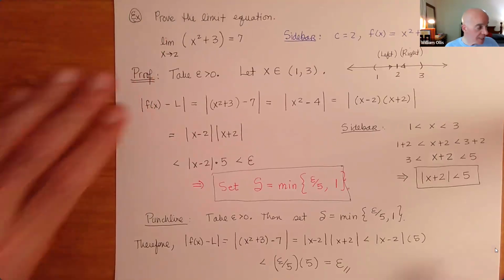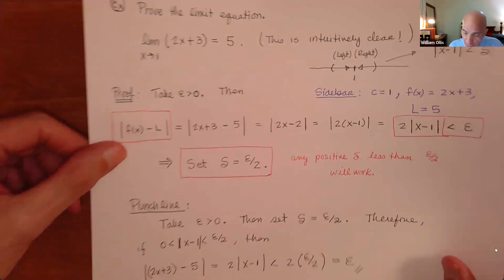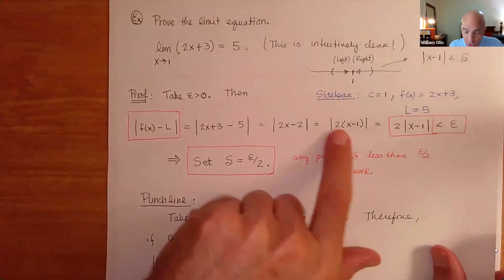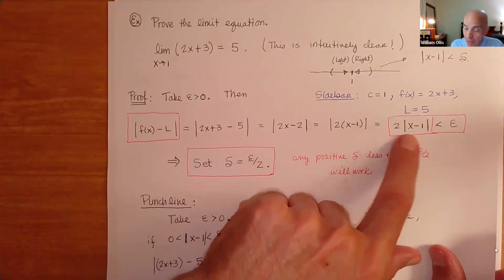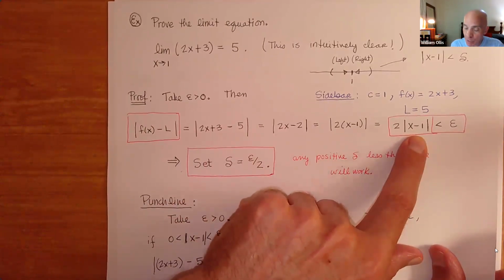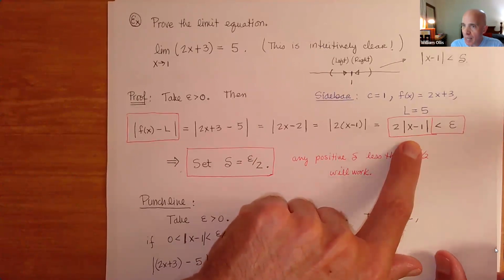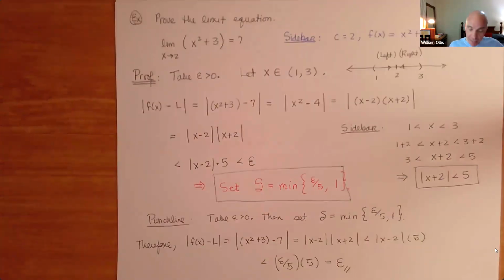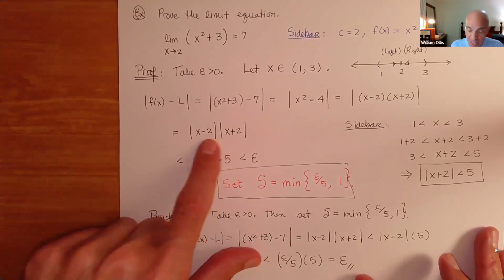So just remember, in the last problem, it was fairly simple. When we do our absolute value arithmetic, we only have the x minus c in absolute value times a constant, so we don't need any additional estimation. Here, we had a more complicated estimation with the absolute value.